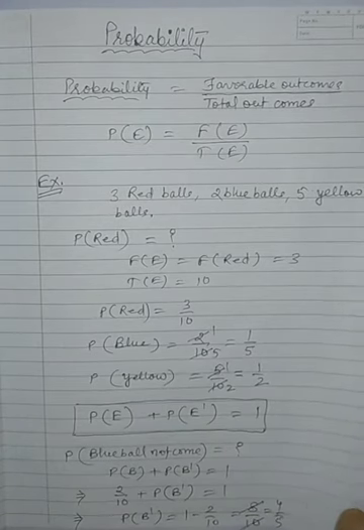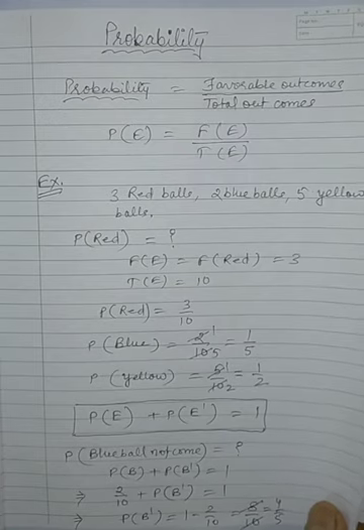Now, we will see some cases which we studied last year also, that in those particular events, what are the conditions about the probability and what kind of questions can be asked. First, let us take a coin.